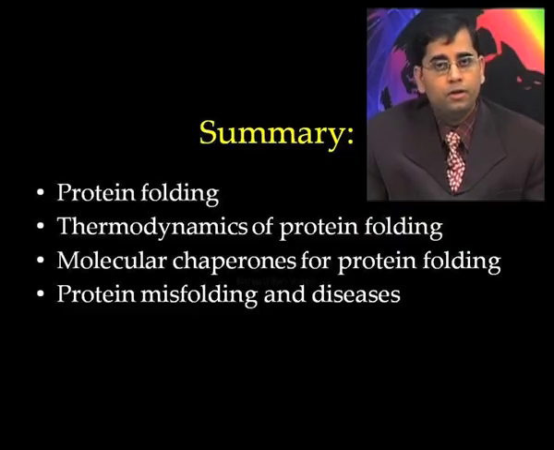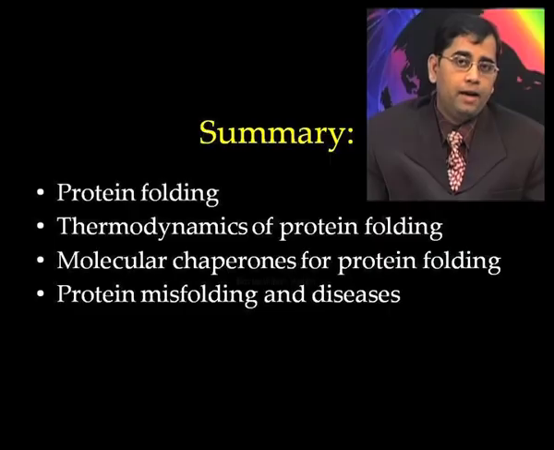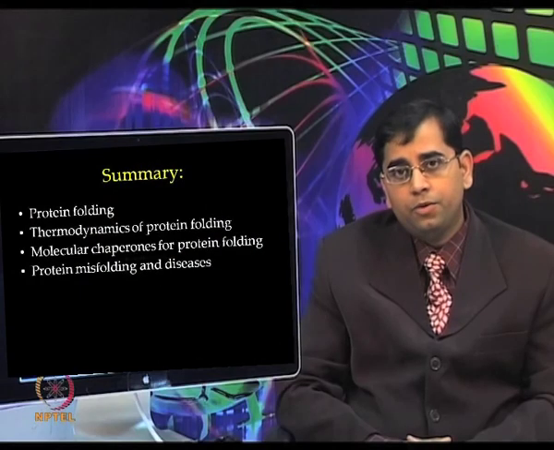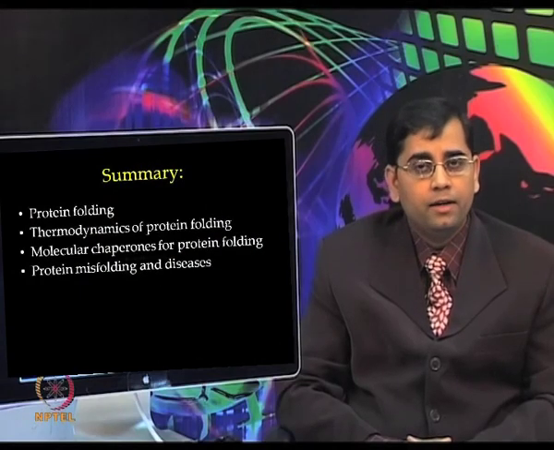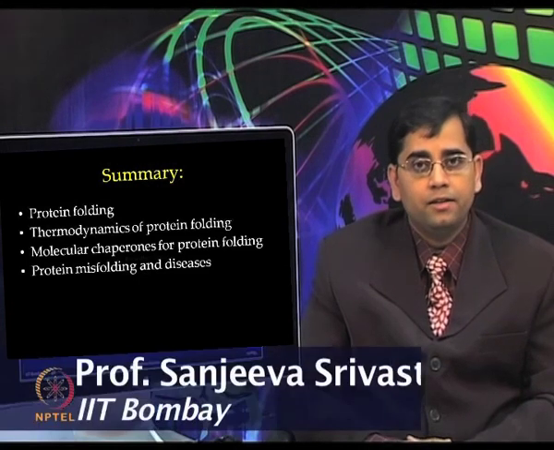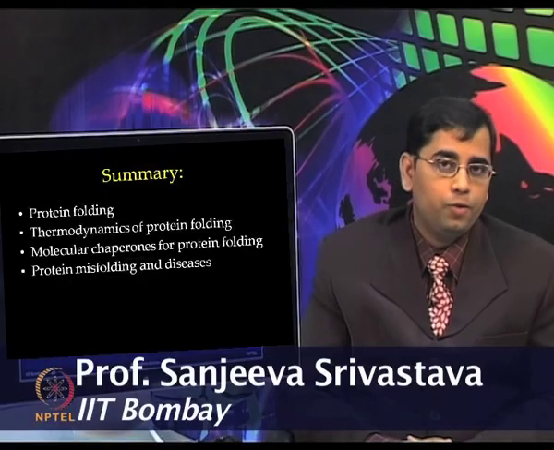We talked about entropy and how it governs protein folding. The molecular chaperones, we talked about some classical examples in animations, and then we discussed protein misfolding and described some of the diseases which may result from protein misfolding.